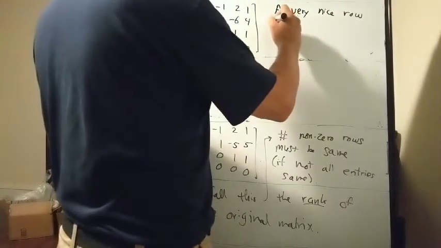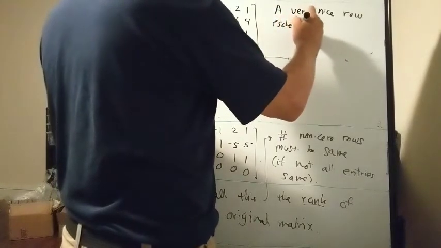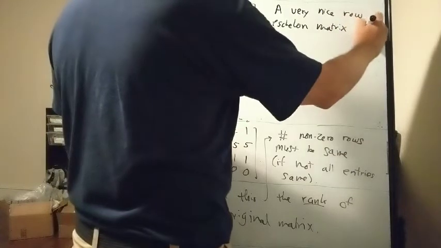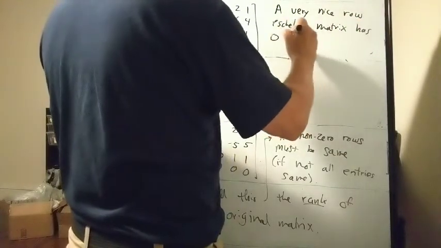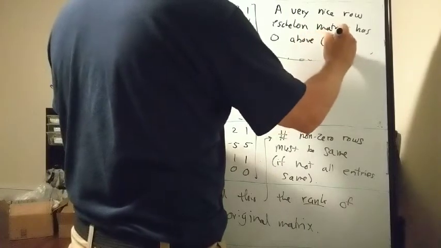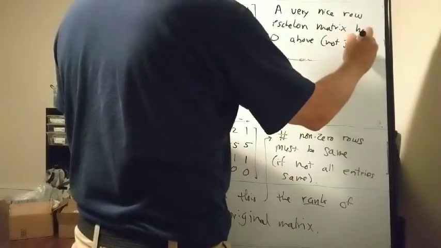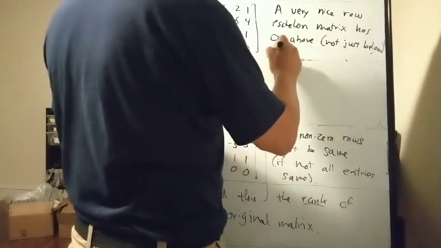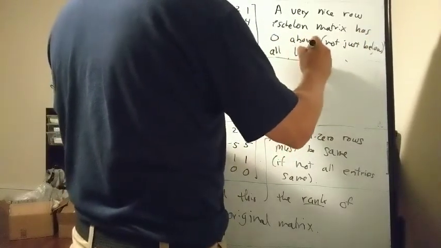So a very nice row echelon matrix has 0 above, so not just below, all leading ones.